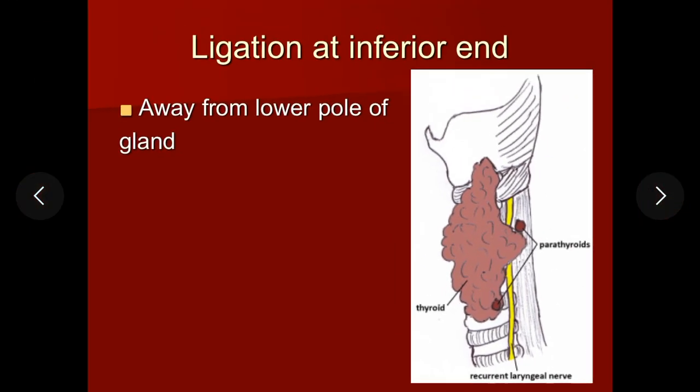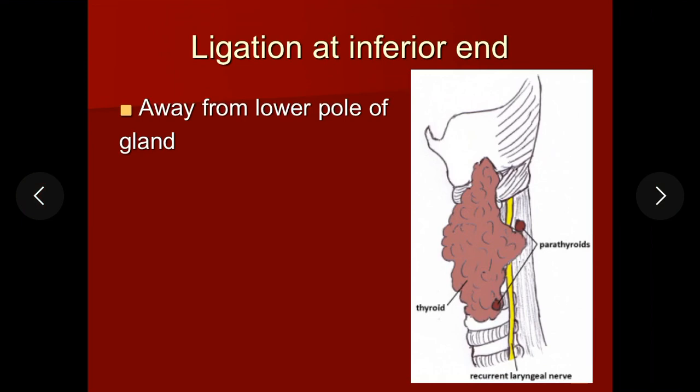So what happens at the lower pole of the thyroid gland? The inferior thyroid artery is very closely related to the recurrent laryngeal nerve, and if you ligate this artery very close to the lower pole, there is more chance to injure the recurrent laryngeal nerve.